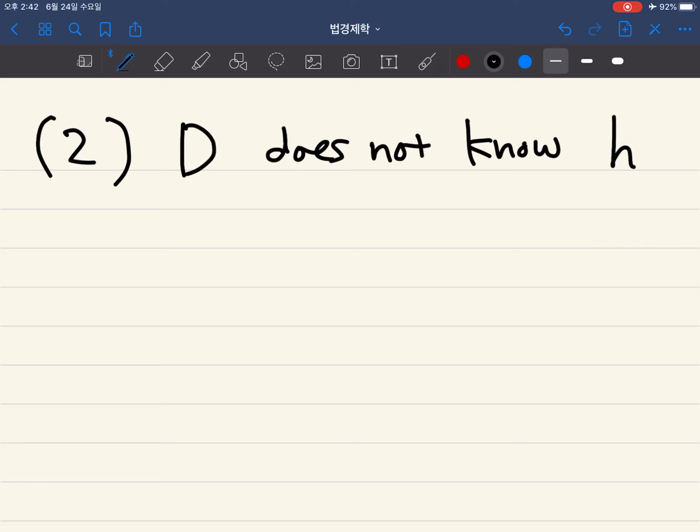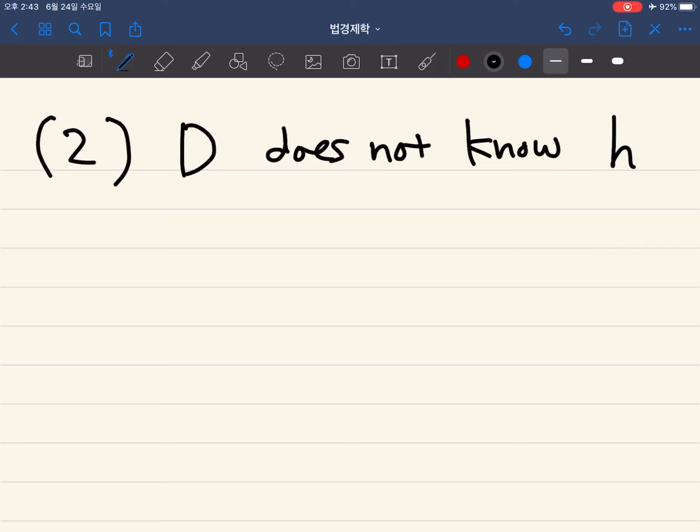So remember, in the first case that we studied last time, we assumed the defendant knows the actual harm. But now in this second case, we assume the defendant does not know the actual harm.